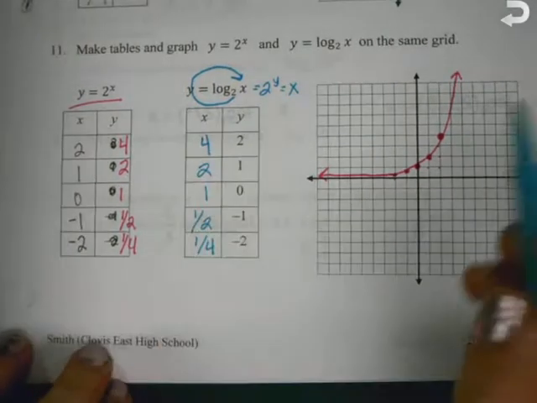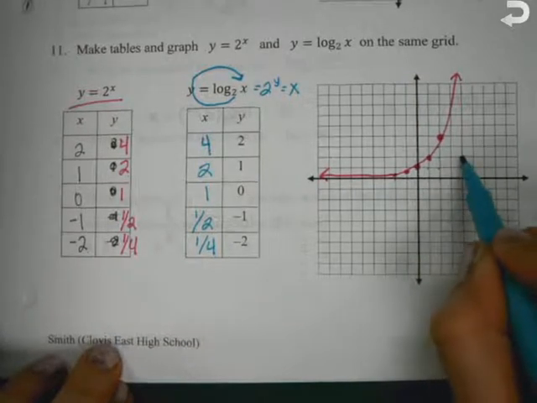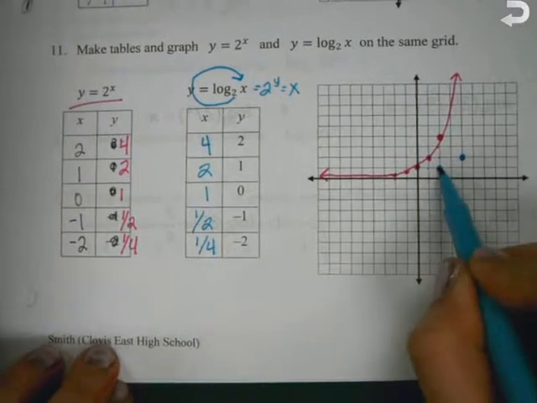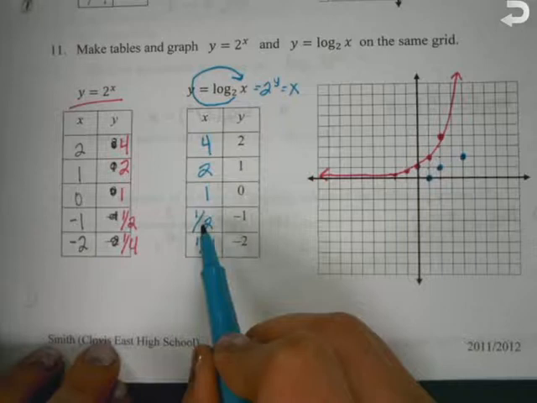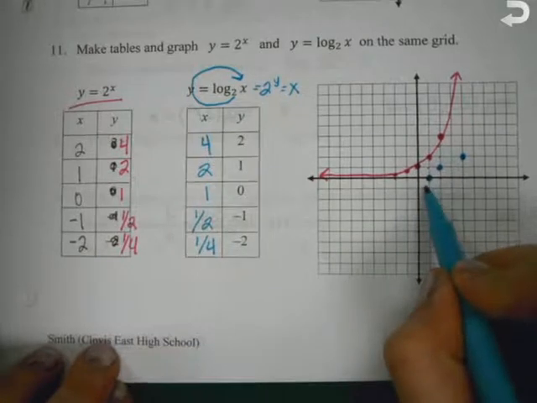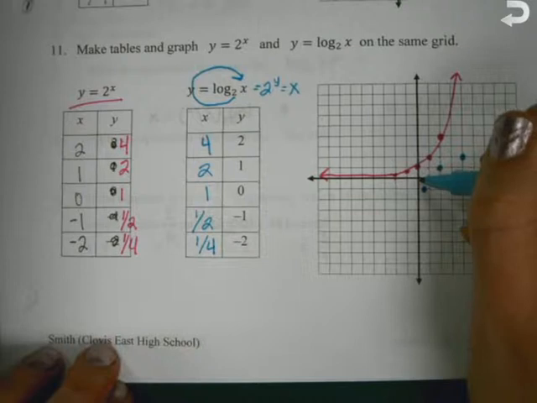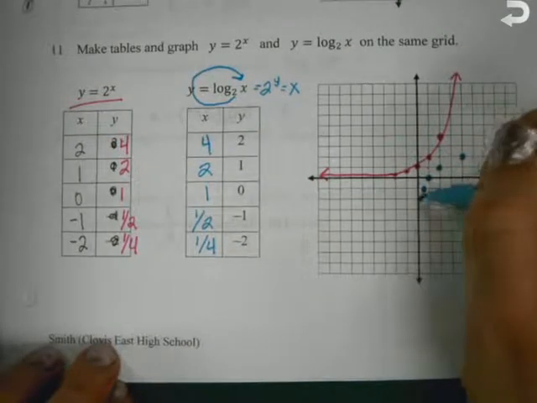1, 0. 1 half, negative 1, so somewhere right there. And 1 fourth, which is even closer to the y-axis, and negative 2. So let's graph that one. We will always get really, really close to the y-axis on this one, but we'll never actually cross it.